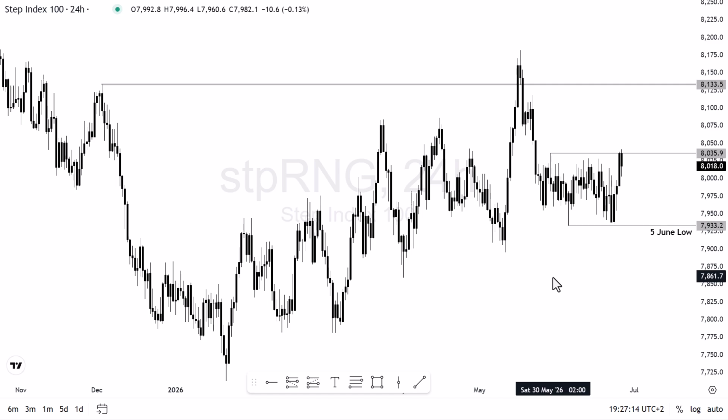I'm going to be relaying the ICT core concepts, so you need to jot down some things that I will be talking about, especially in this video. What is the framework that I am using to have a directional bias?